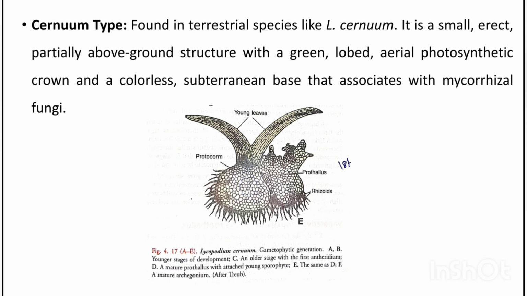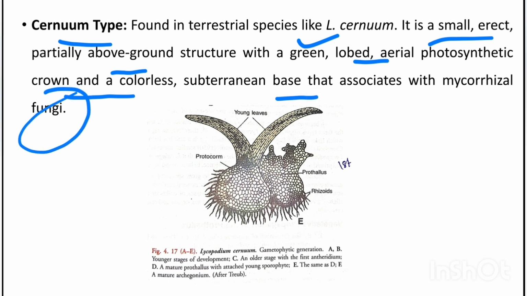Okay, so this gametophytic phase, the prothallus of Lycopodium, can be of three types. Some species show the Cernuum type of prothallus, which is a very small, erect, partially above-ground structure with a green lobed aerial photosynthetic crown and a colorless subterranean base that associates with mycorrhizal fungi.